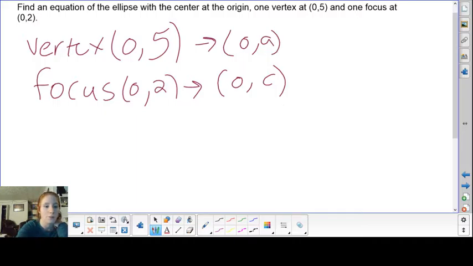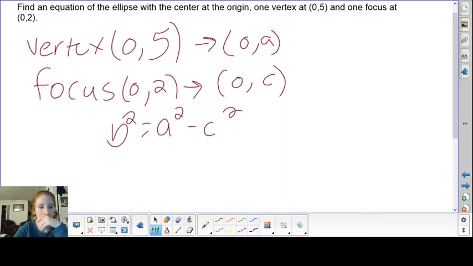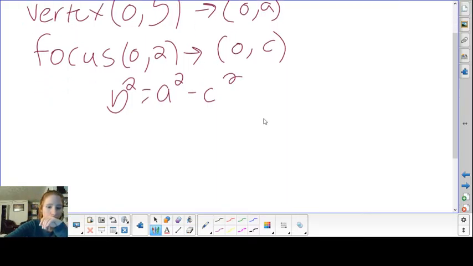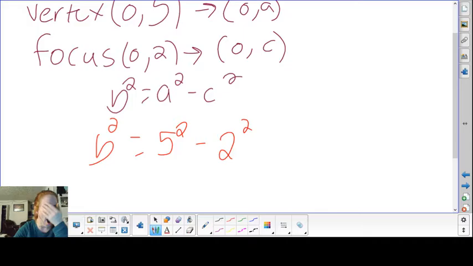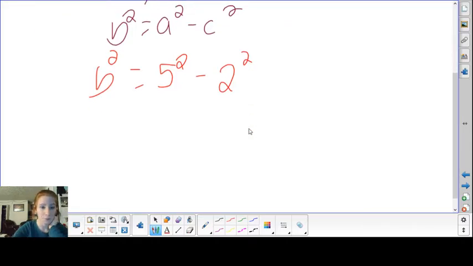So we have the formula b squared is equal to a squared minus c squared. I don't know what b squared is, but a is 5, so I have 5 squared minus c, which is 2 squared, which is equal to 25 minus 4, which is equal to 21.